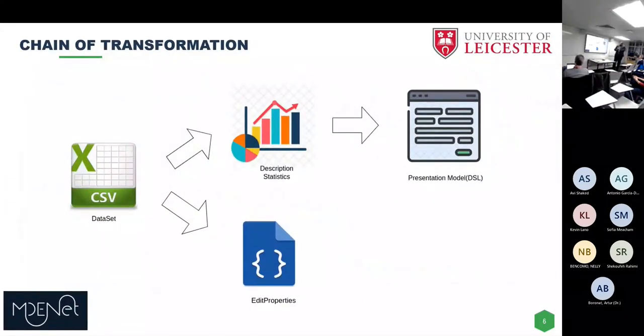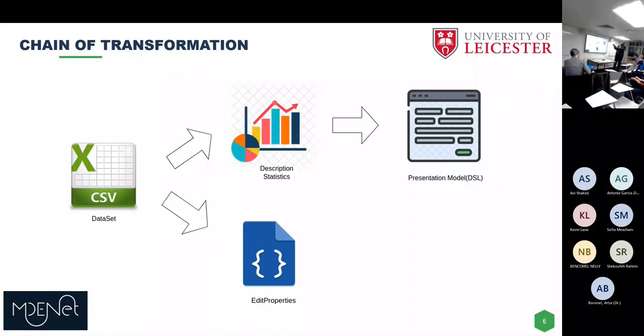Right, so this is a closer look at the YAMTL service. And these are a few transformations performed in YAMTL service. So now we have the CSV file. And what we do first of all is to extract a descriptive statistics from this CSV file.